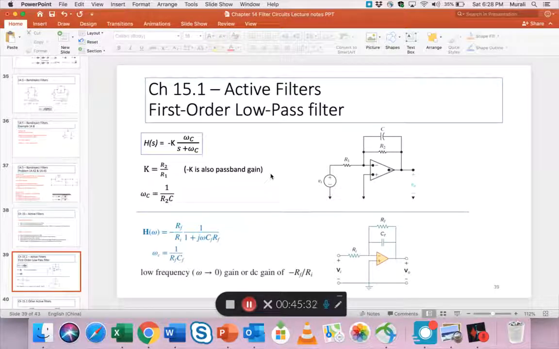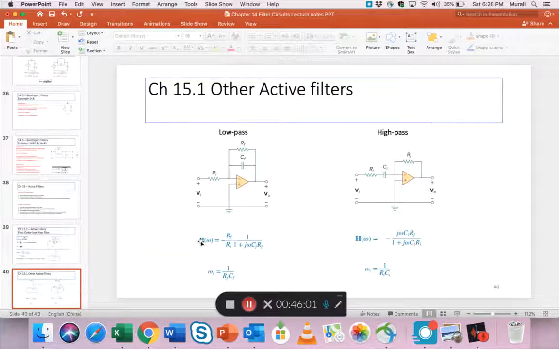And then here the corner frequency for a simple low pass filter is just 1 by R2C, meaning the feedback R, okay. And then the transfer function compared to a regular RC or RL first order circuit has this additional factor K that appears, okay.